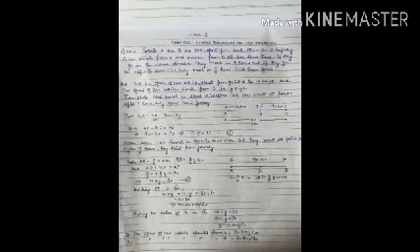Similarly, the distance BC, which is the distance covered by car B, should be equal to 9y, where 9 is the time taken by car B. Now, according to the diagram, AC minus BC is equal to AB. It implies that 9x minus 9y is equal to 90. So x minus y is equal to 10. Now this is our first equation framed in two variables x and y.